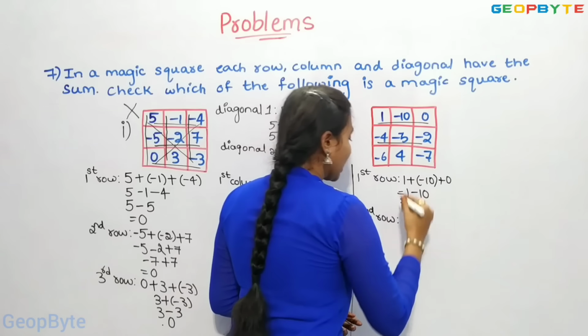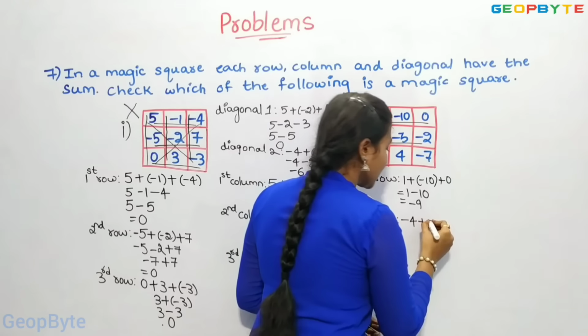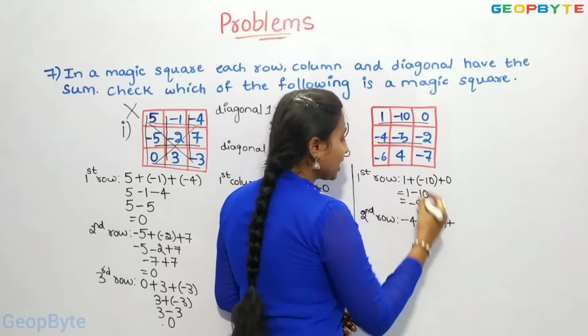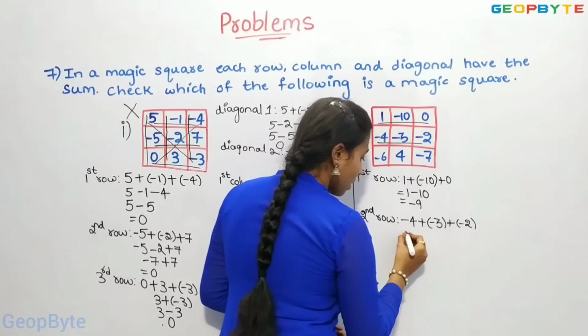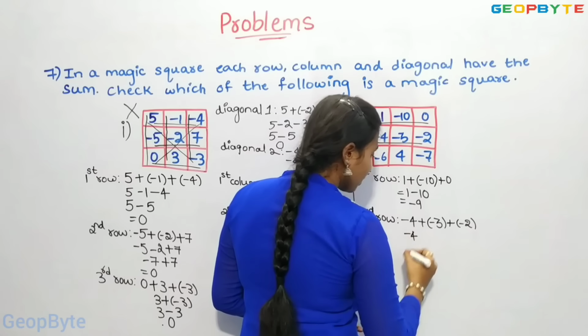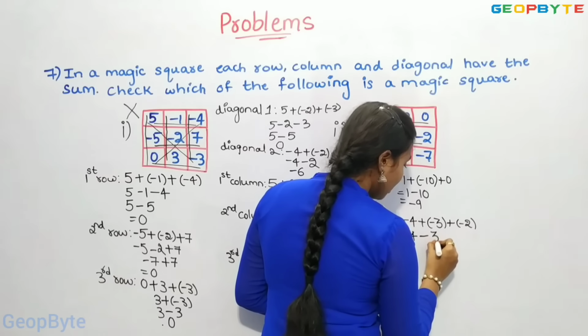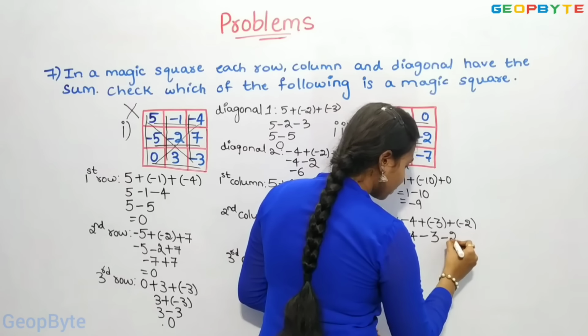We have minus 4 plus minus 3 plus minus 2. Minus 4 plus into minus minus 3 plus into minus minus 2.